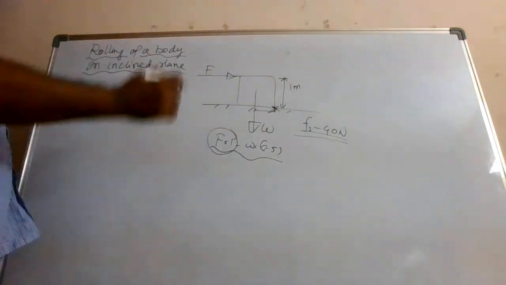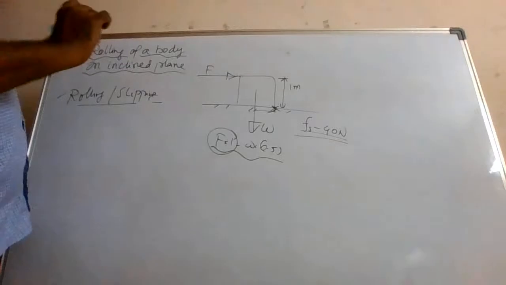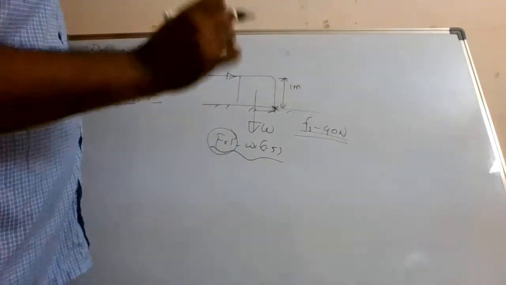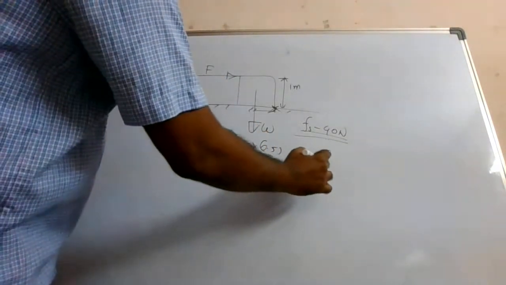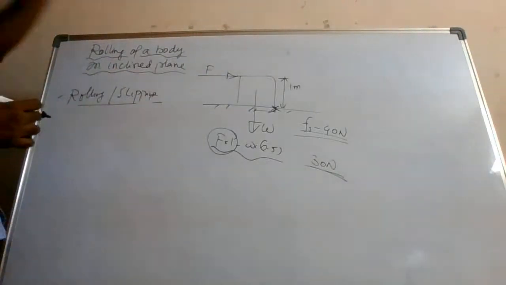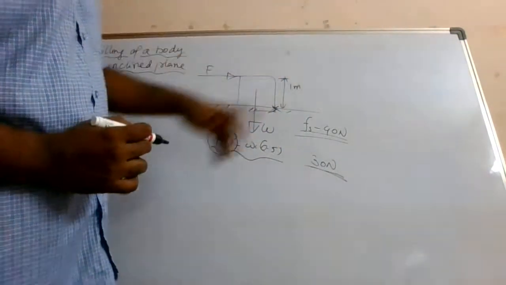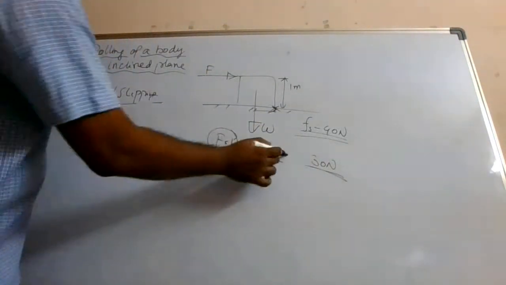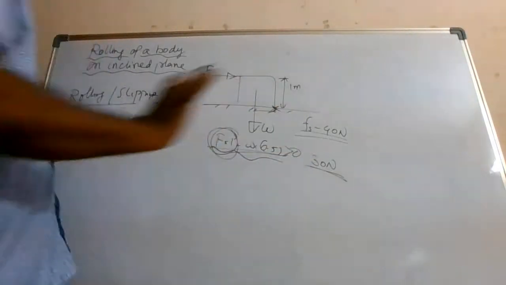For rolling to happen, you have made the calculation, and let us say for more than 30 newton force. When you are increasing this force, you will get 10, 20, 30, like that. So at some stage you will get 30 newton force. This value becomes greater than 0 when F is equal to 30.